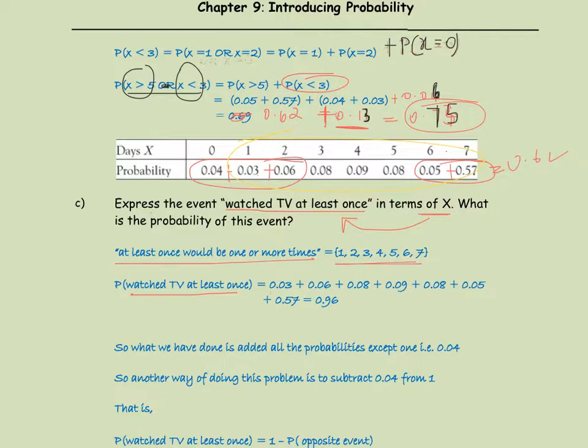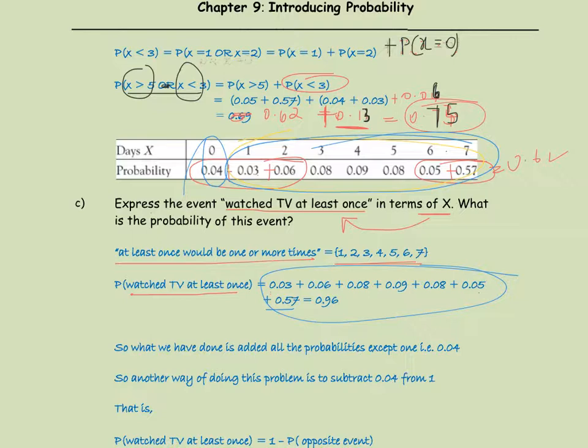Let me use a darker shade here. 1 or more times, adding all those probabilities, starting with the 0.03, the 0.06, 0.08, 0.09, again 0.08, 0.05, 0.57. Everything together gives you 0.96. The only outcome that we excluded was the first one, that is did not watch TV at all.